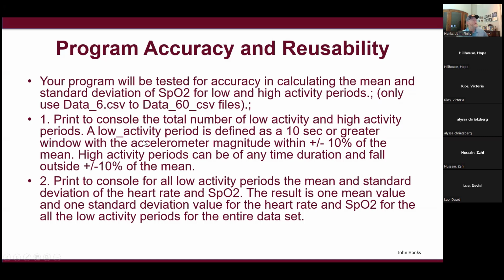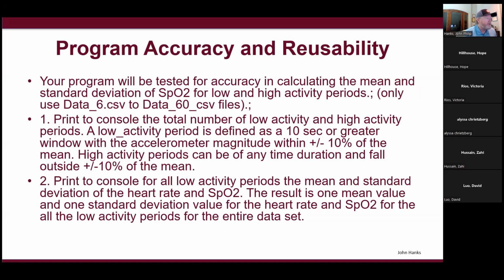The definition of a low activity period is a 10-second or greater window with the accelerometer magnitude within plus or minus 10% of the mean magnitude. The high activity periods are anything outside of that. Your assignments have already been very similar to the project. The goal is to integrate it all into one project.